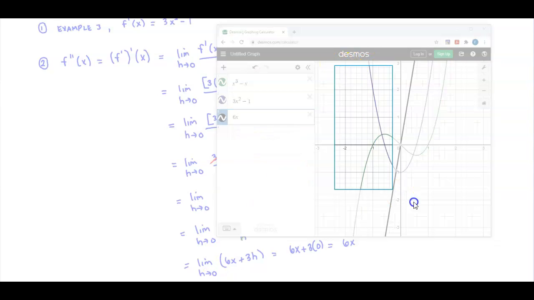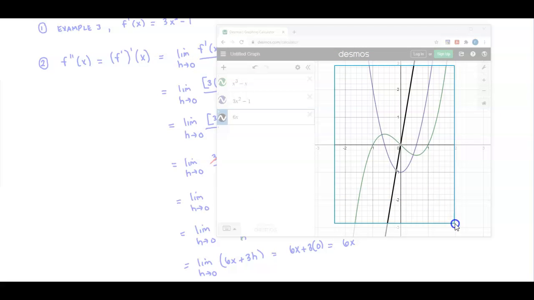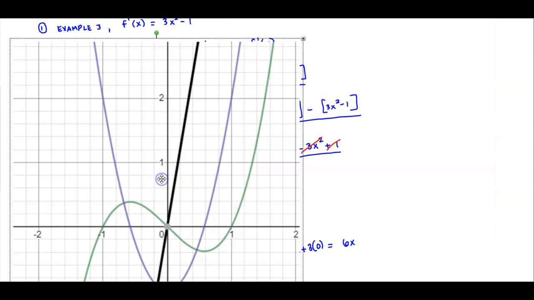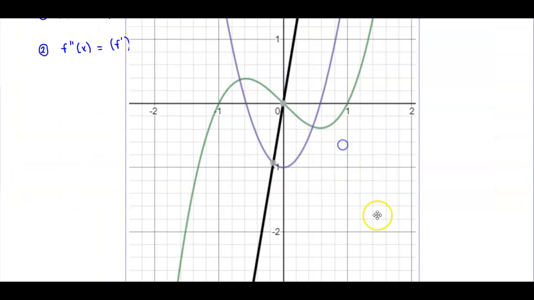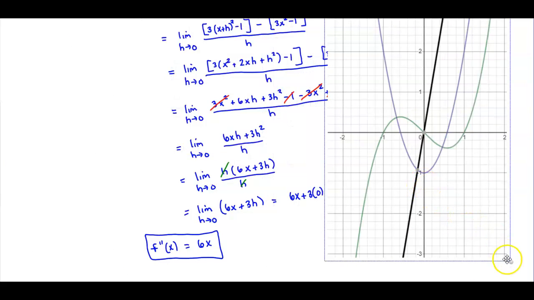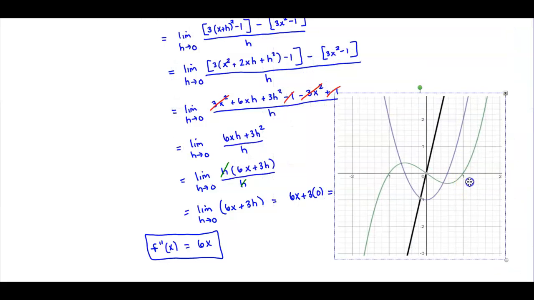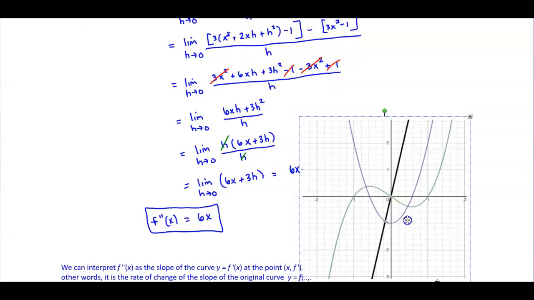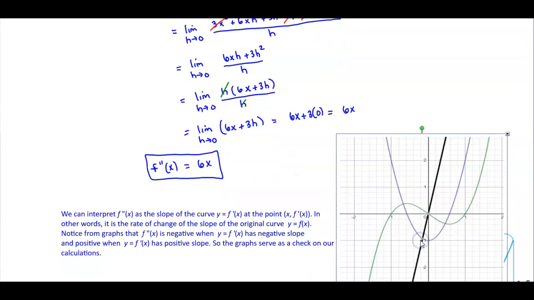Let's take a look at our graph and outline what we have.